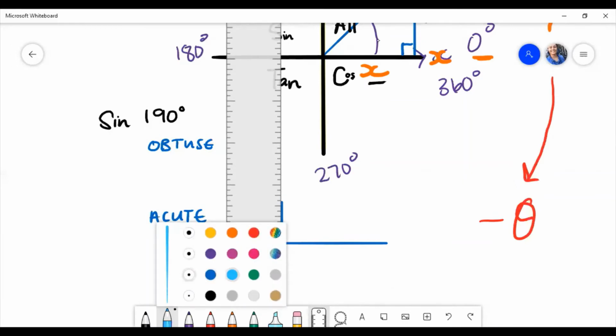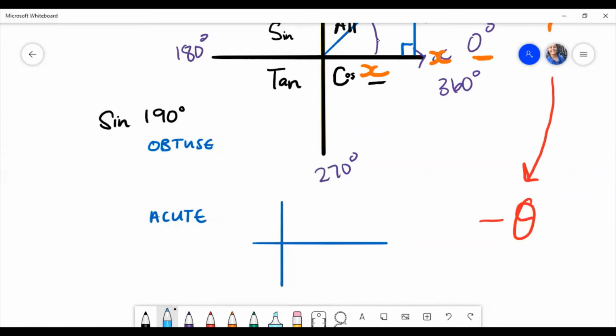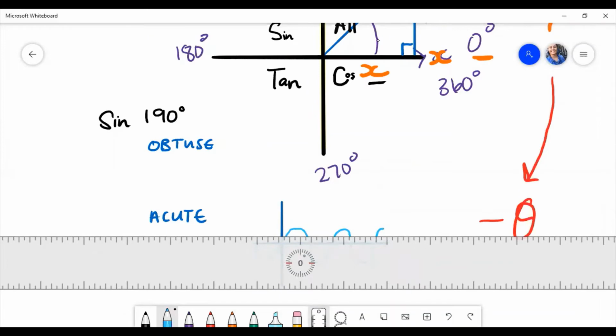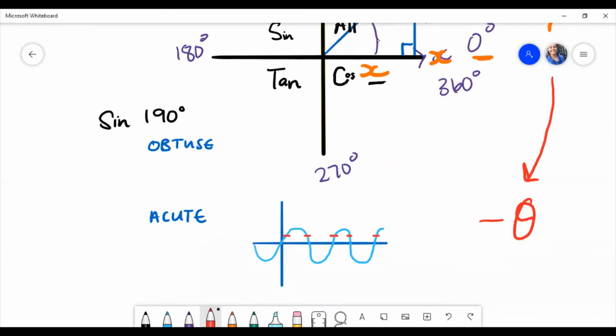So if we do that, we'll see our typical sine graph looks something like this. But if I take my constant here, at every red dot I will have the same y coordinate, but at that position it would indicate a different x coordinate, which means a different angle.